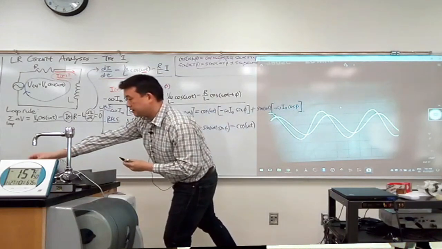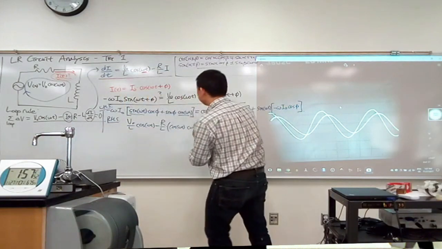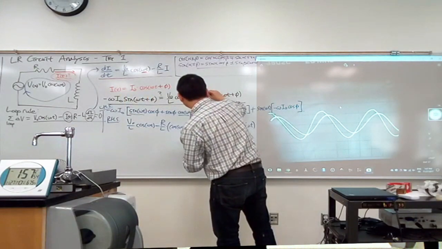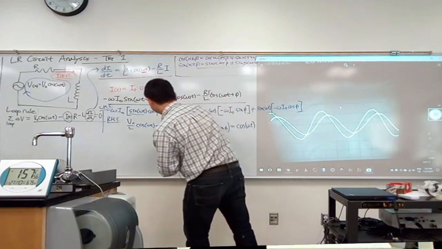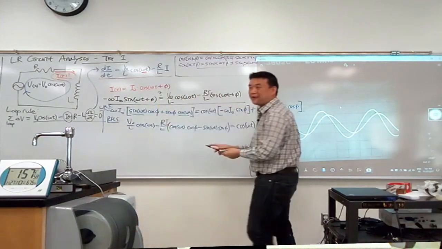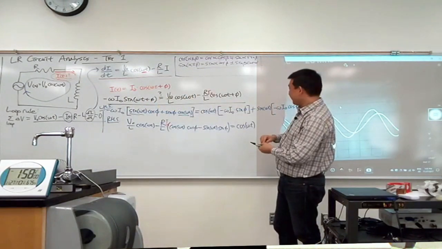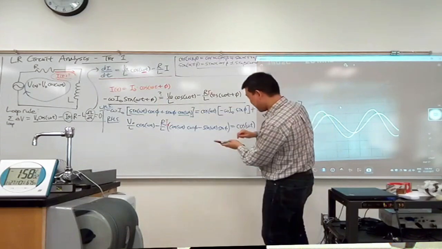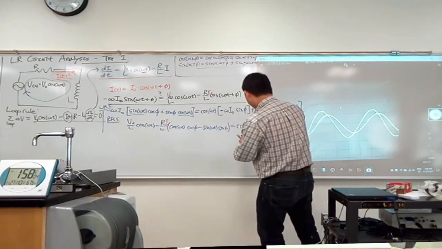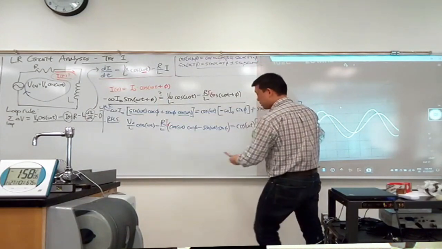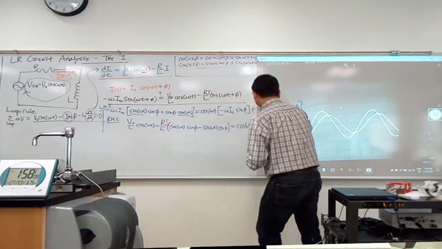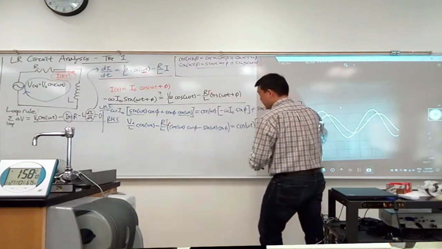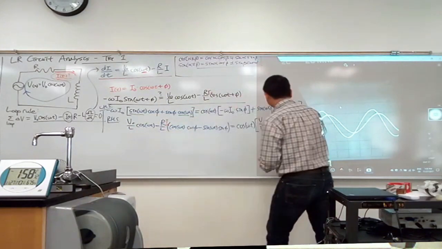There's this term I naught here that I forgot. It's complicated algebra. All right, so cosine of omega t times all the like terms together. So V naught over L minus R I naught over L.